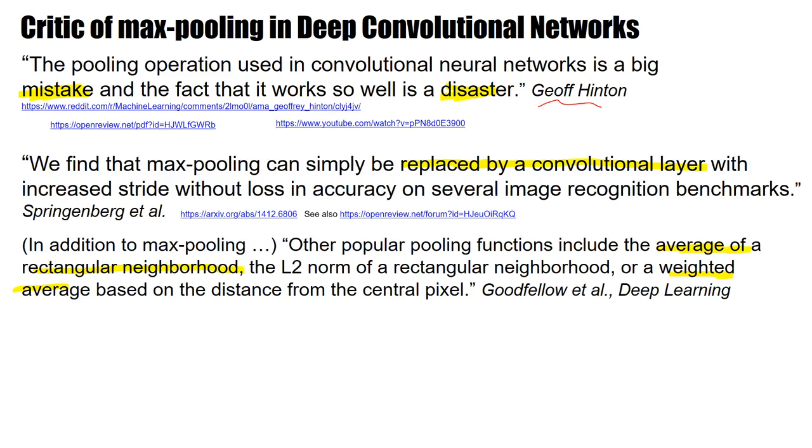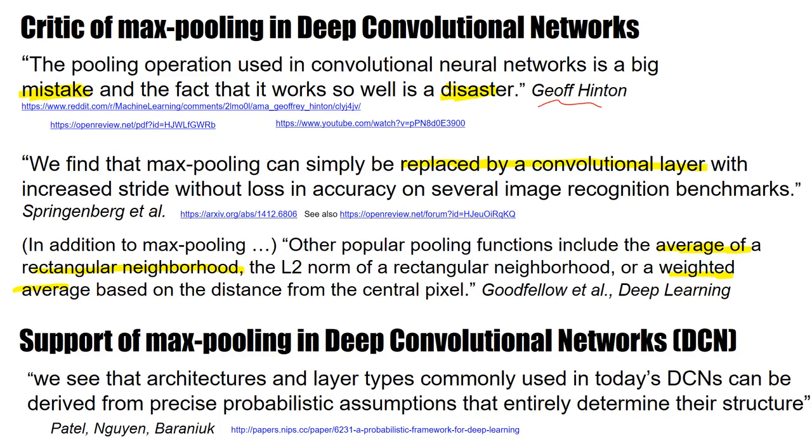Now, I like a lot a paper that comes from a rigorous statistical framework, the framework of generative models. And in that paper, they say, we see that architectures and layer types commonly used in deep convolutional networks can be derived from precise probabilistic assumptions, and that these assumptions entirely determine the network structure.